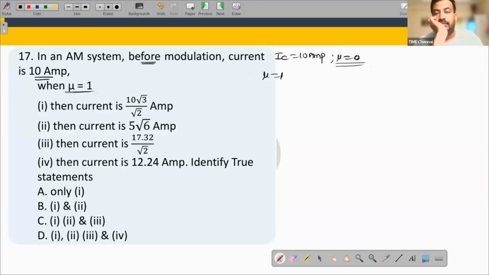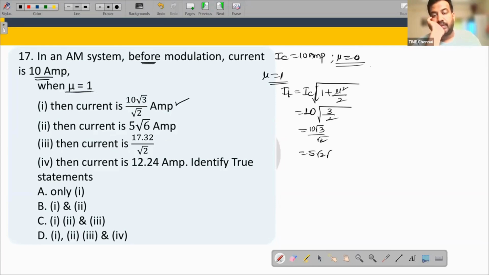When mu is 1, the current is IT, IC into under root of 1 plus mu square by 2. IC is 10 under root of 1 plus 1 by 2. 10 root 3 by root 2, which is correct.